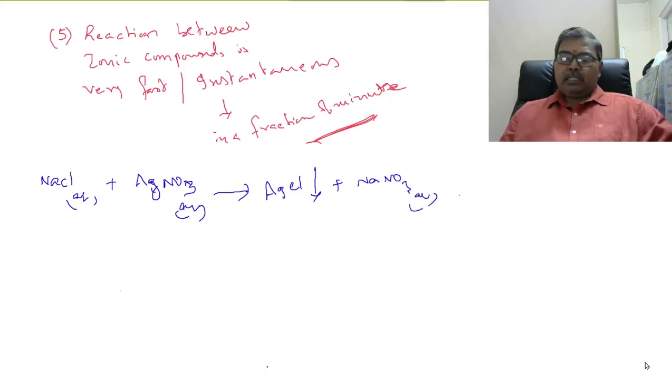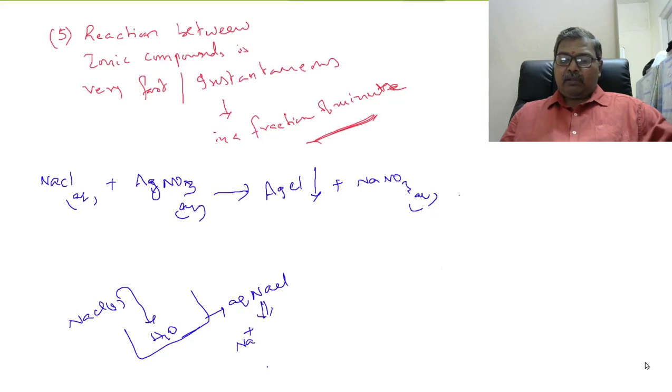To understand this, if solid NaCl is dissolved in water, we will get an aqueous solution of NaCl, which contains aqueous Na plus ions and aqueous Cl minus ions.